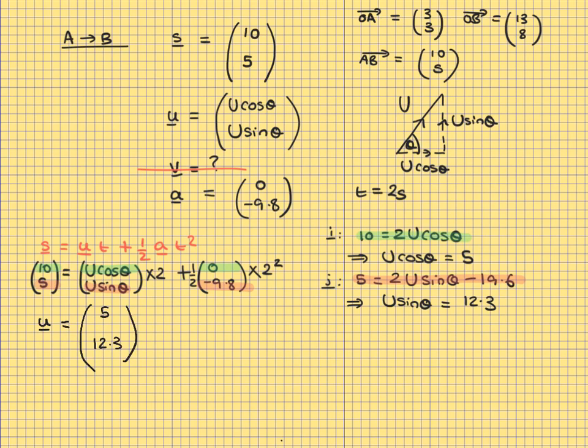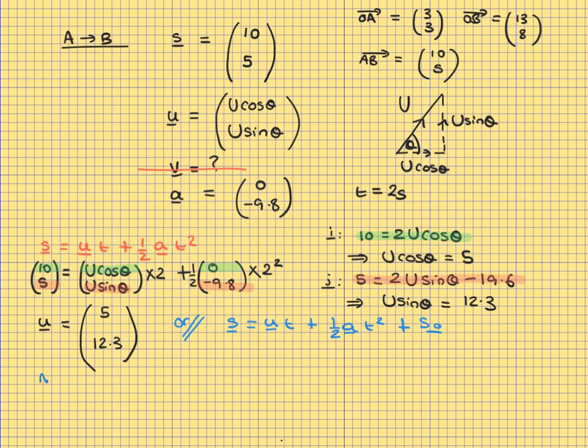We could also have done the whole question using this version of the SUVAT equation, s equals ut plus a half at squared plus s0. And this time, the displacement, of course, we're measuring everything relative to the actual origin, not our starting point.